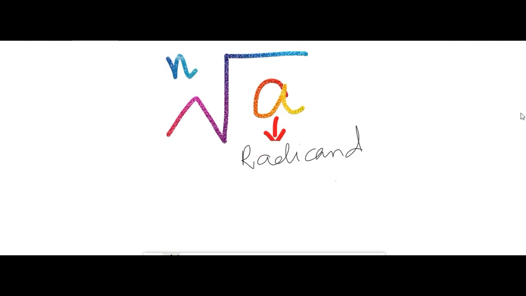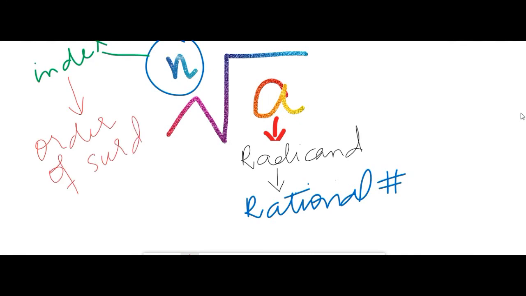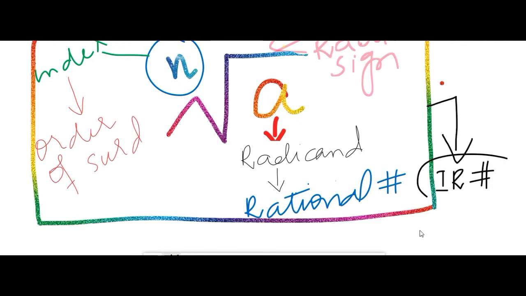Radicand means whatever is under the radical sign, and this should be a rational number, fine. Another thing we have discussed is that this is called the index and the order of the surd. This whole will give us an irrational number.